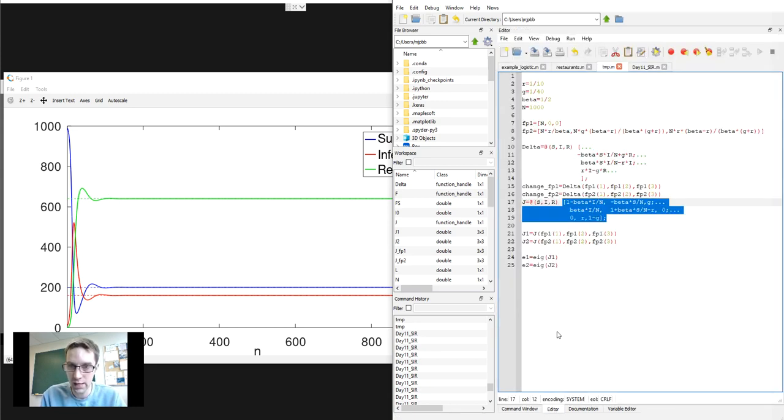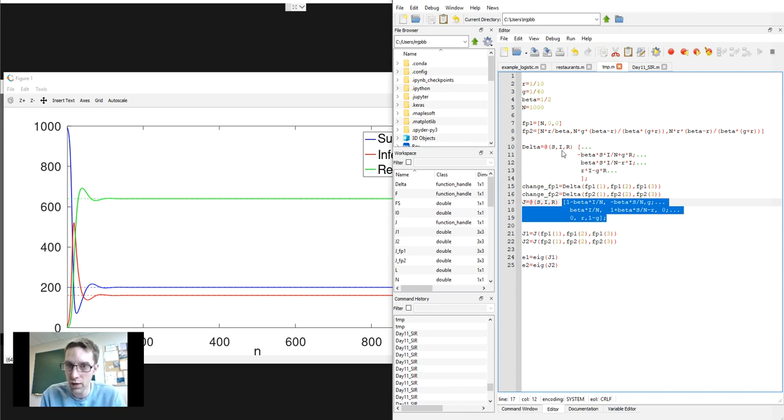And the nice thing about understanding the fixed points is we can then predict how the long-term behavior is going to change, and we can do so without having to run a simulation because we actually have a formula for the fixed points in terms of all of the parameters.